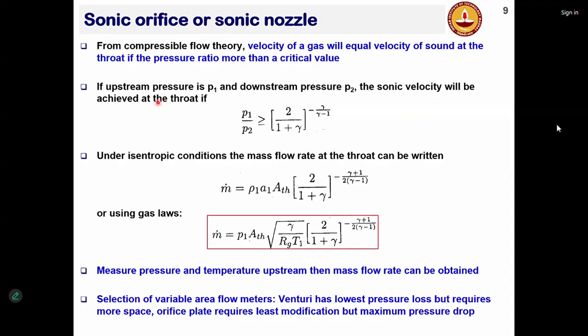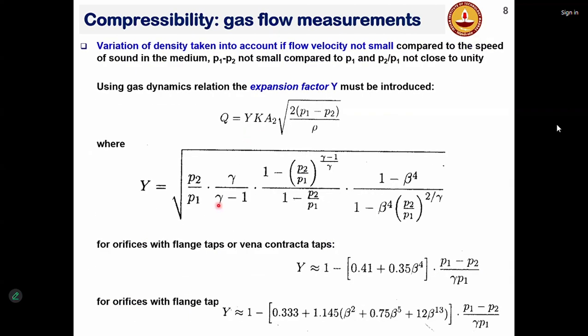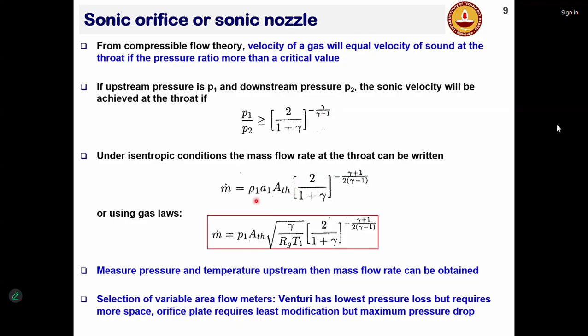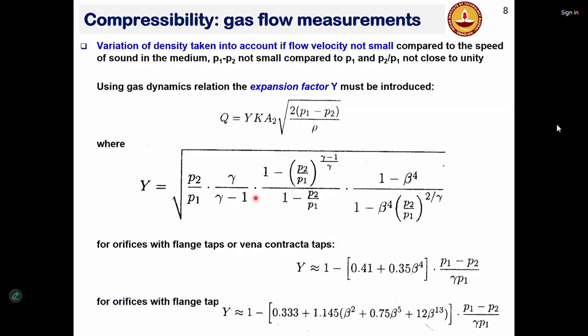Now, this P1 by P2, which is obtained from gas dynamics, if you substitute in this equation here, this is flow rate, but if you multiply by density, that gives you mass flow rate.